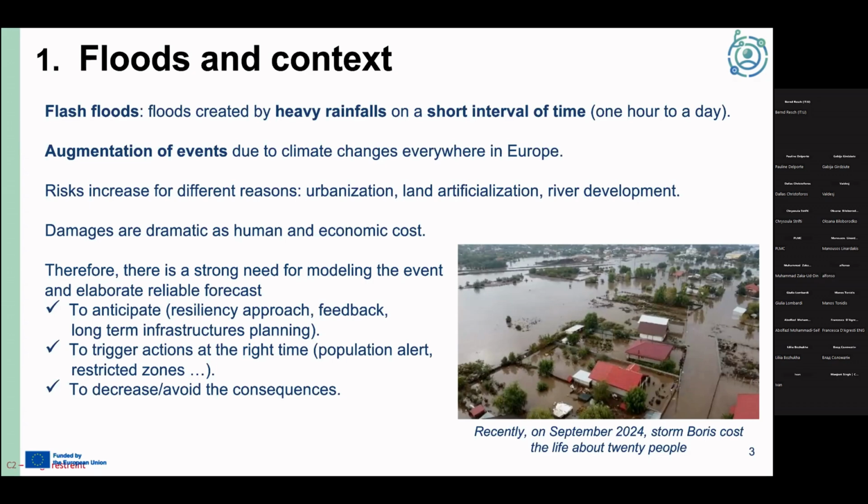So this is why we need to modelize these events to anticipate the phenomena or to trigger action at the right time. By that we mean to move population, to put some new infrastructures, and linked to the two first points, we want to decrease and avoid the consequences.